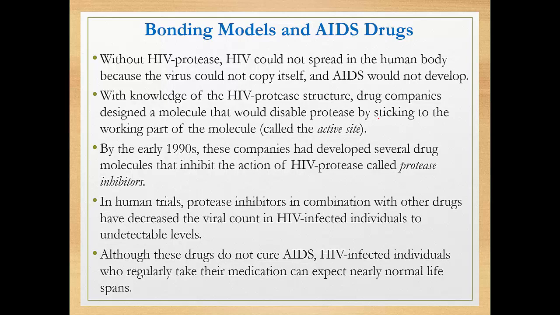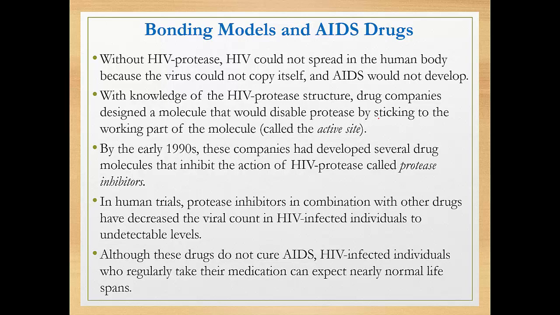By the early 90s, companies had developed several drug molecules that would inhibit the action of the protease, so protease inhibitors. They got to the point where they were able to run human trials, and in these trials, these protease inhibitors combined with other drugs were able to decrease the viral count for individuals who had full-blown HIV.